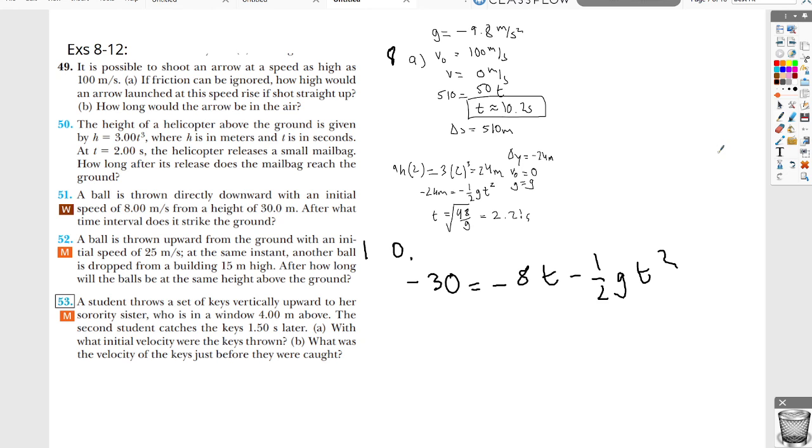And if your equation doesn't have zeros, then you've done something wrong. Which I might have done something wrong, which I am a little bit scared.